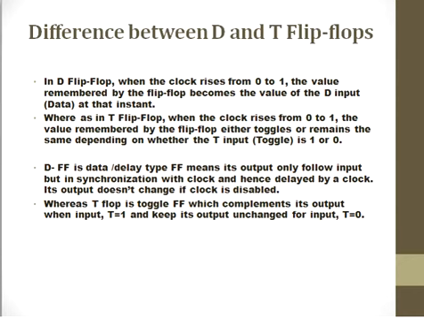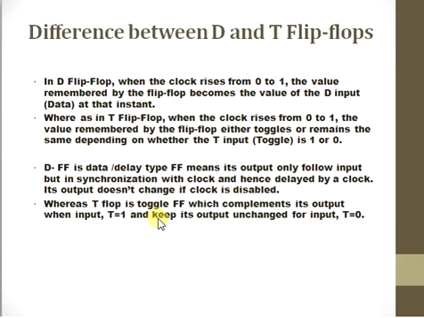Whereas in the T flip-flop, when the clock rises from 0 to 1, the value remembered by the flip-flop either toggles or remains the same depending on whether the T input is 1 or 0. The D flip-flop, the data type flip-flop, means the output only follows the input but in synchronization with the clock and hence is delayed by a clock pulse. Its output doesn't change if the clock is disabled.